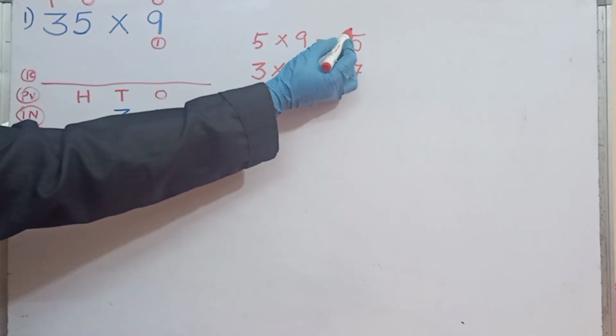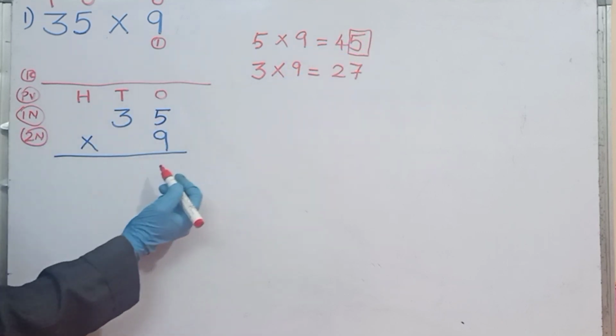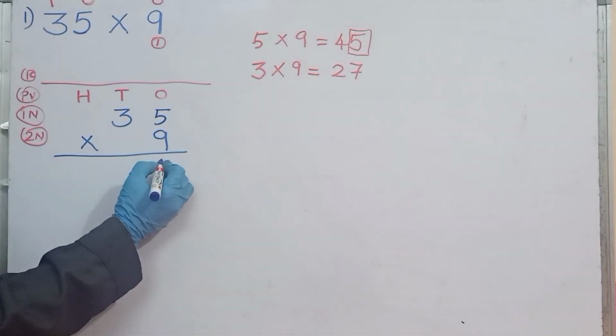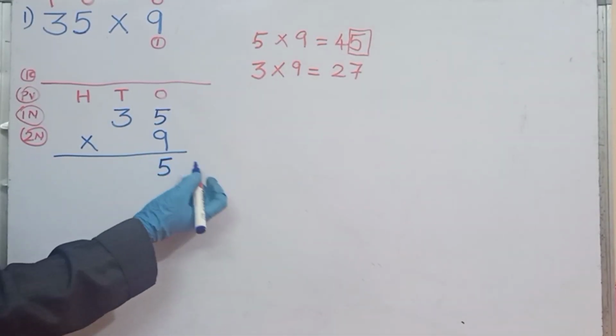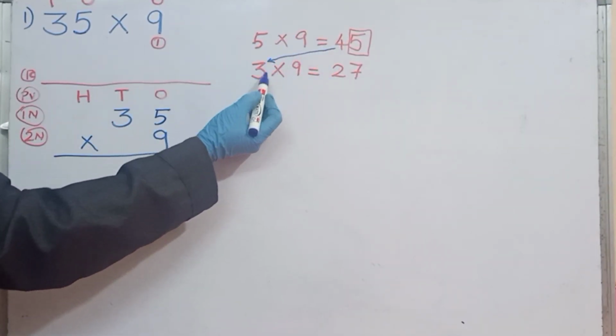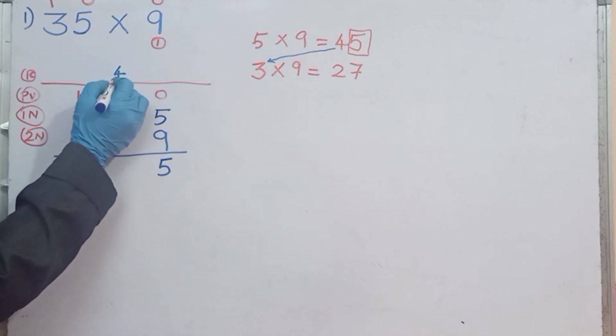Now what will I do? I have to write only the ones place number in the answer. So this ones place number 5 is written under ones place here. What about this 4? This 4 will go as a carry on 3. Okay students, so this 4 is carry.